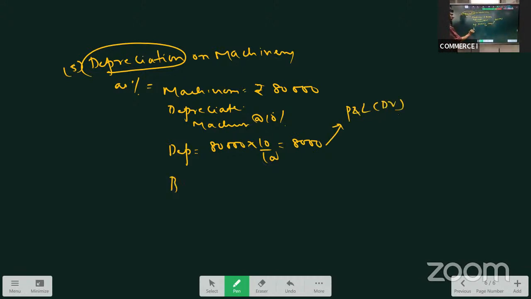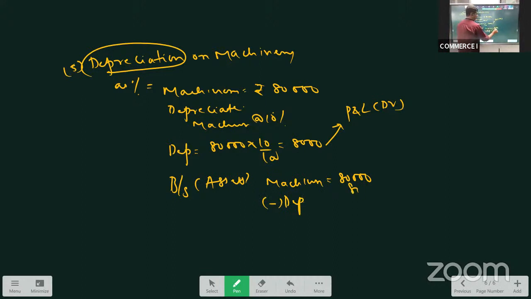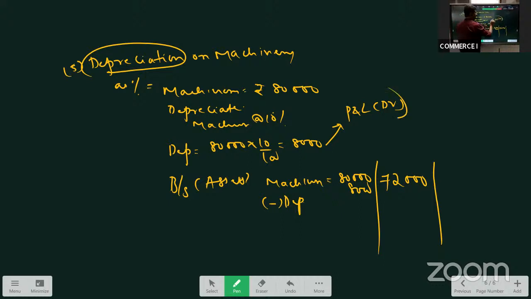Then in the balance sheet under assets, we show machinery 80,000 minus depreciation 8,000, and the net book value of machinery will be shown as 72,000. So what are the two effects of depreciation? One, P&L account debit side. Two, it is deducted from machinery.